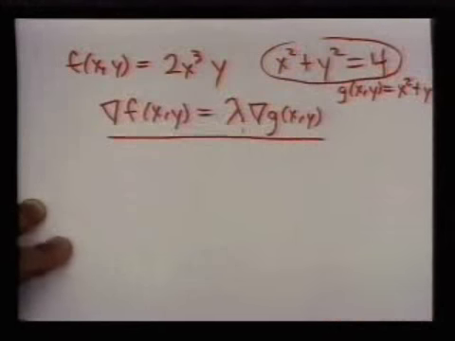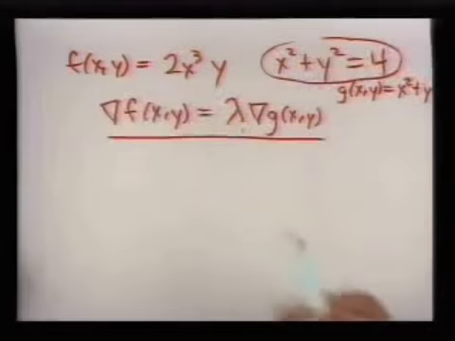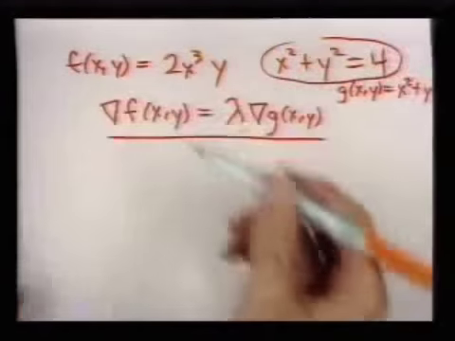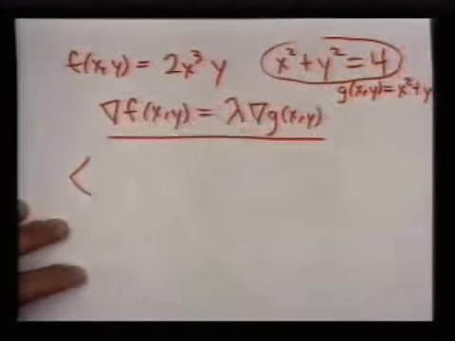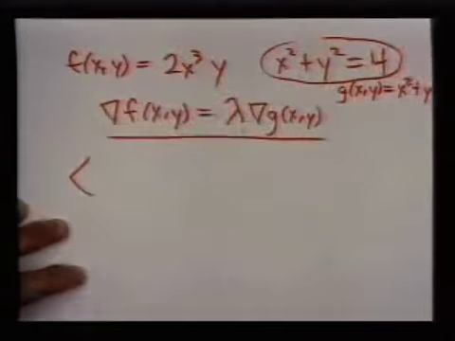this is true. I've already computed the gradient of f in some sense. I've already computed both first partial derivatives. The first one was 6x squared y, if you recall, and the partial with respect to y was 2x cubed. And we're seeing when this is a multiple of the gradient of g.